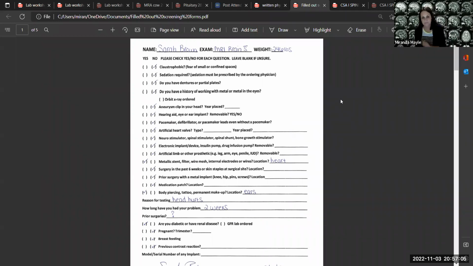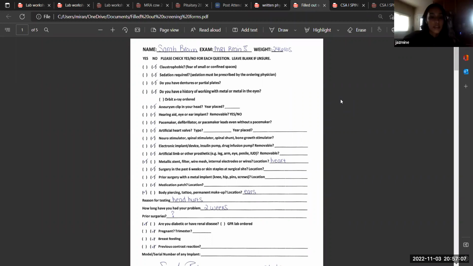Anything else here? And then they checked yes for, are you diabetic or have renal disease? Okay, so do we care? Yes. Why? Because some scans may take longer, and you need to know how long they can go without, for the diabetes, the insulin.